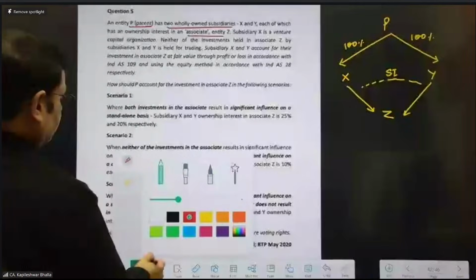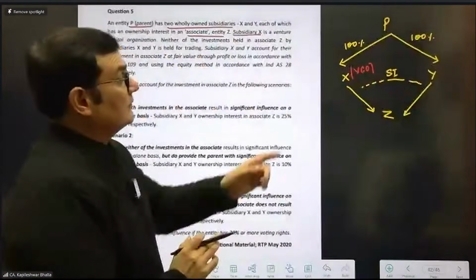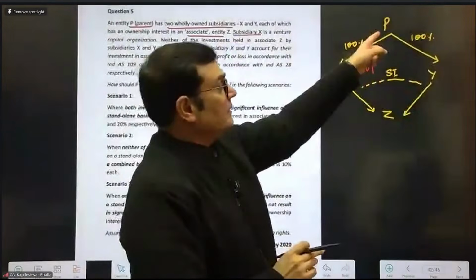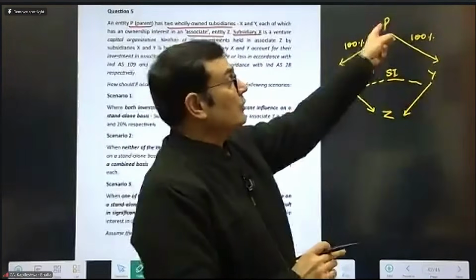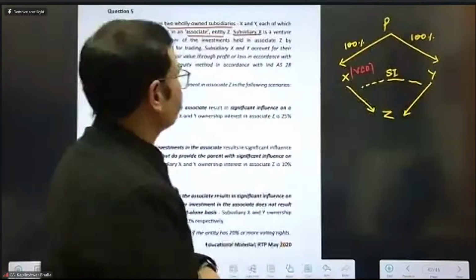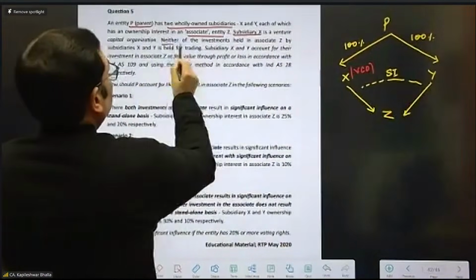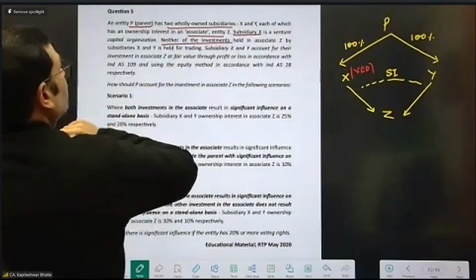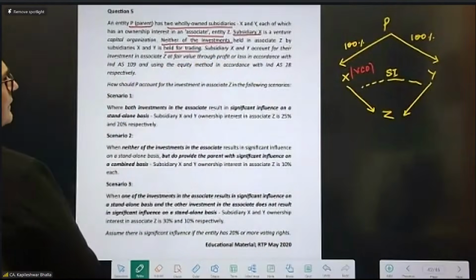Okay, then it says further, subsidiary X is a venture capital organization. So this is a VCO. So P holds indirectly through the VCO, and it also holds indirectly without the VCO. Then it says further, neither of the investments held in the associate by the subsidiaries is held for trading.